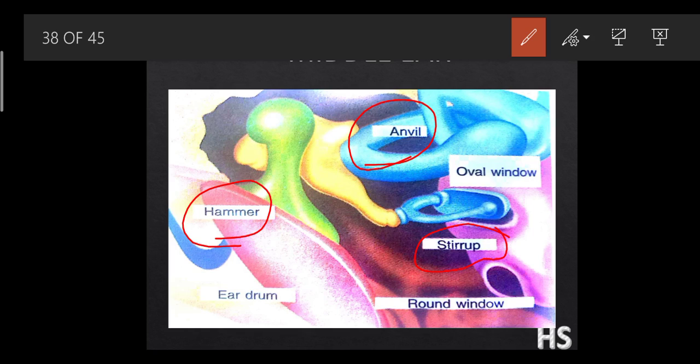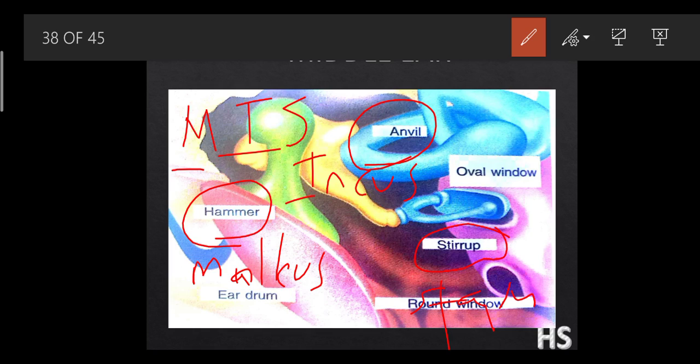Hammer, anvil, stirrup are the common terms. They have biological names: this is called malleus, this is called incus, and this is called stapes. You can remember them like this: malleus, incus, stapes. These three bones are called the ear ossicles.